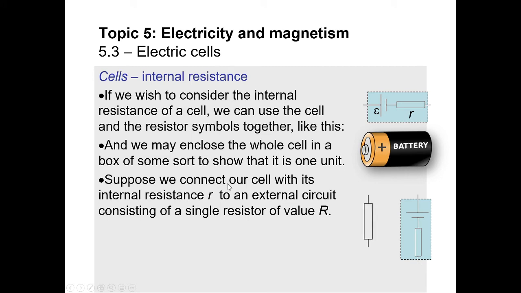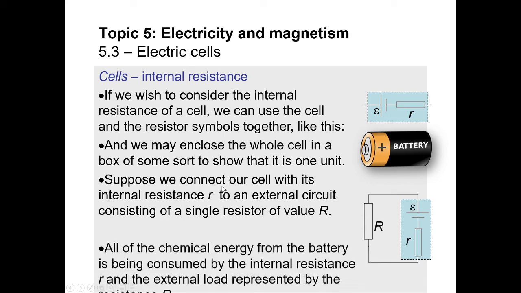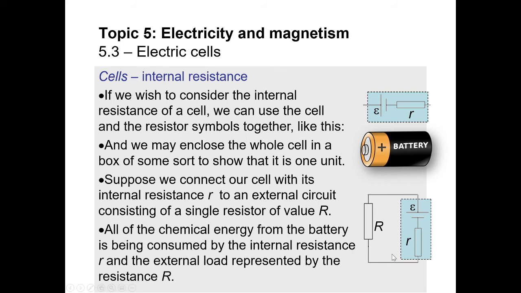Okay, now assume we take our cell with its internal resistance and we connect it to an external cell with its own resistor. Now what's happening here? Whatever chemical energy there was from the battery, normally we would just have a voltage gain from the battery, and all of that voltage has to get dropped over this resistor before the electron comes back to the battery. But now there's an internal resistance too.